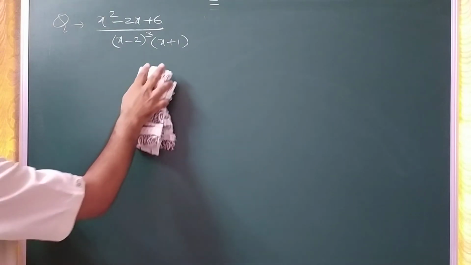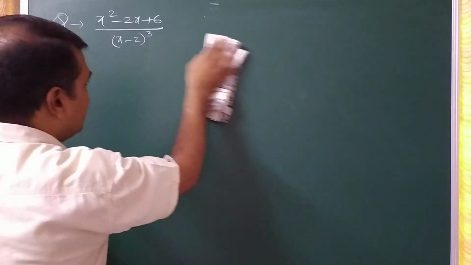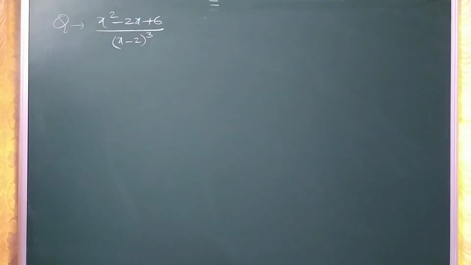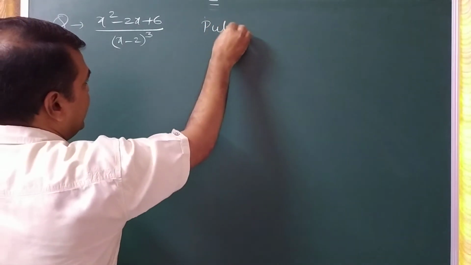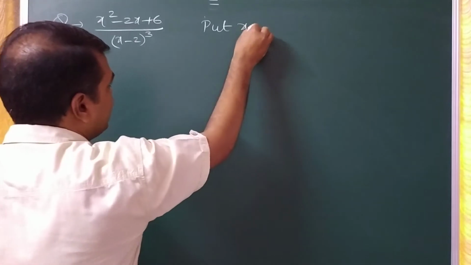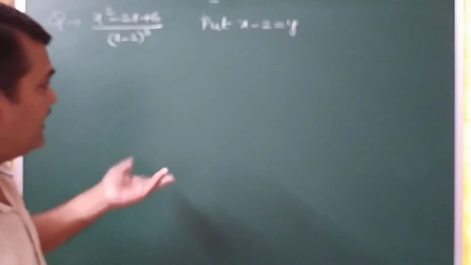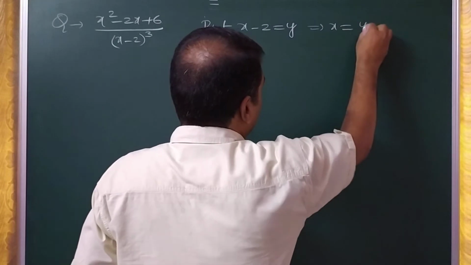When the denominator has a repeated factor only, then we can apply the shortcut. Here we take the denominator factor x minus 2 to be y, or t or anything you like, which implies x is equal to y plus 2.